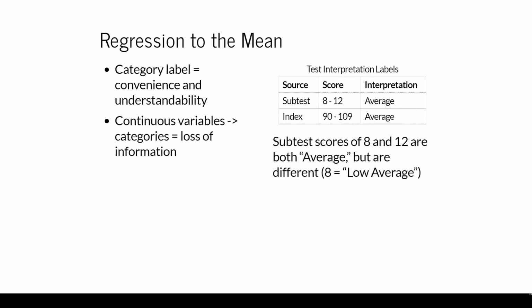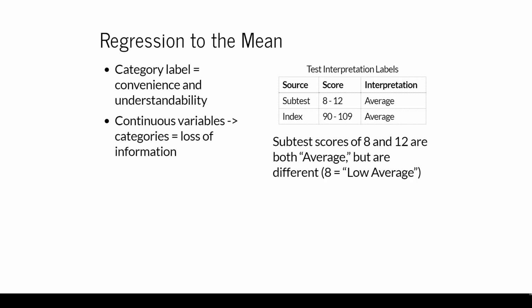First of all, let's think of this phenomenon as an example of regression to the mean. The first thing to understand about testing is that when we use category labels, we use them for convenience and understandability to aid in test interpretation. However, whenever we take continuous scores, whether subtest scaled scores or index scores, and convert them to categories, we're losing information.